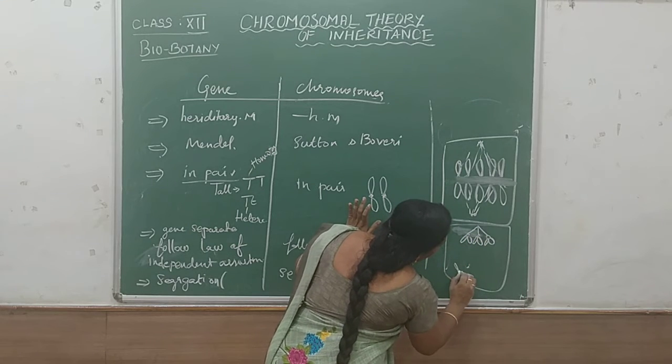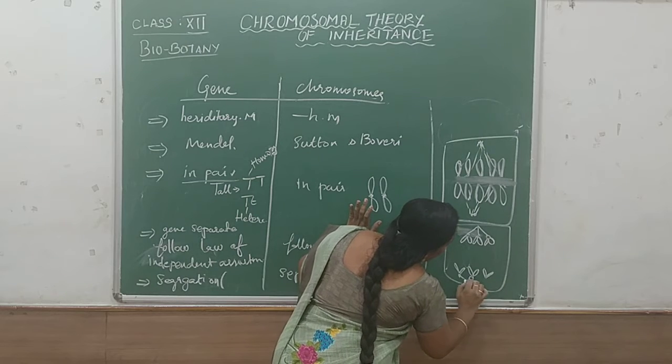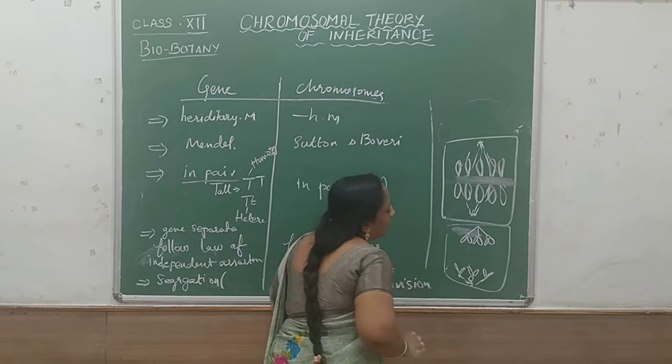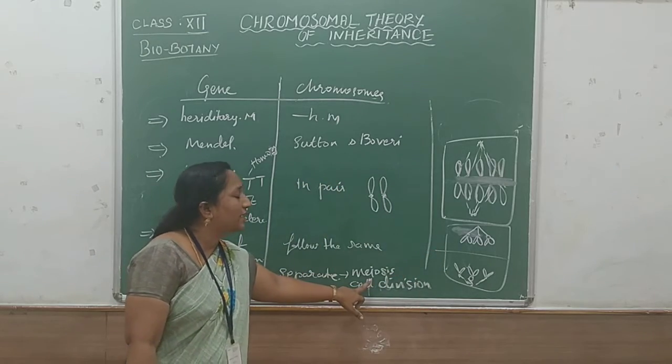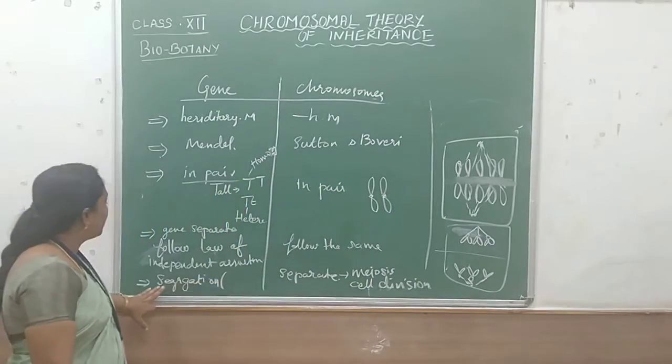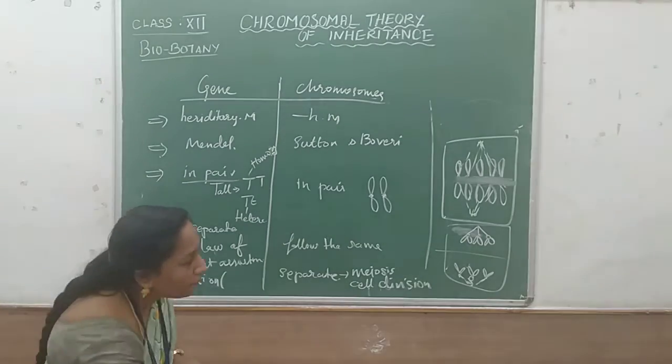So similarly here also, the chromosomes get separated. This segregation or separation takes place under meiosis cell division, and here the separation takes place during the segregation of the genes. Up to this clear?